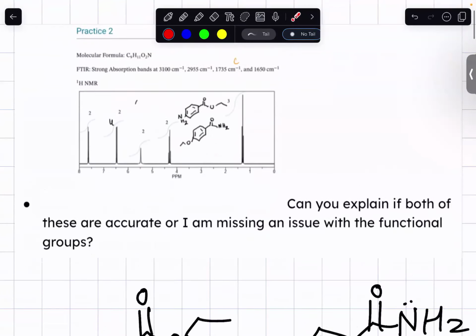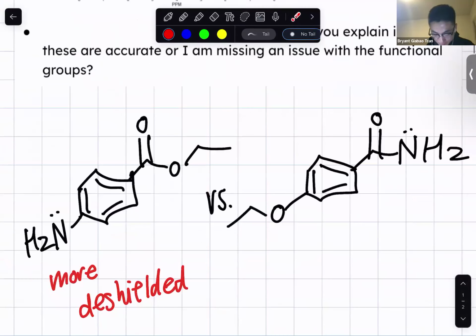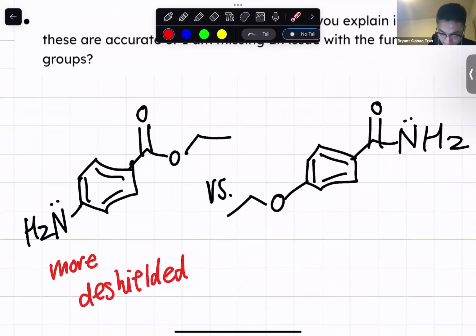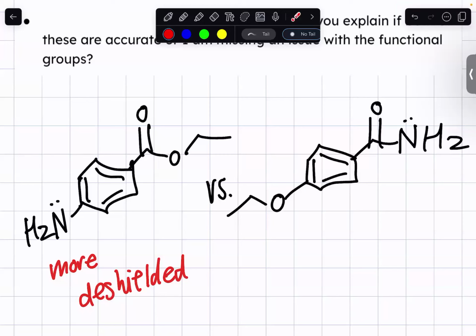So for this question, we have an amine on this benzene ring, but on the right structure, this amine is not directly attached to the benzene ring. It's attached to the carbonyl. Do you remember the definition of deshielded, what it means for a hydrogen to be deshielded? Isn't it where it's near more electron rich regions?